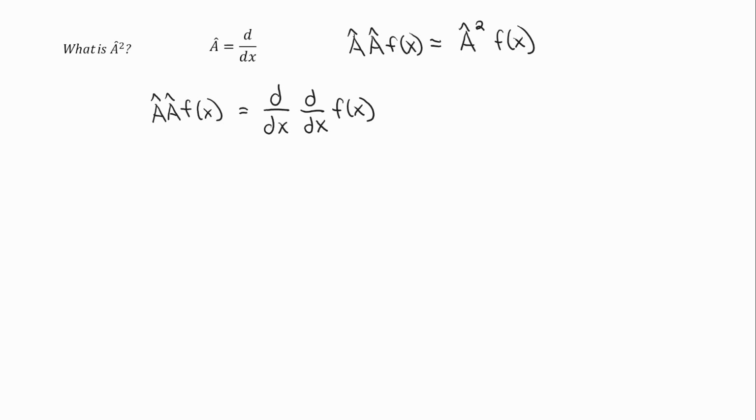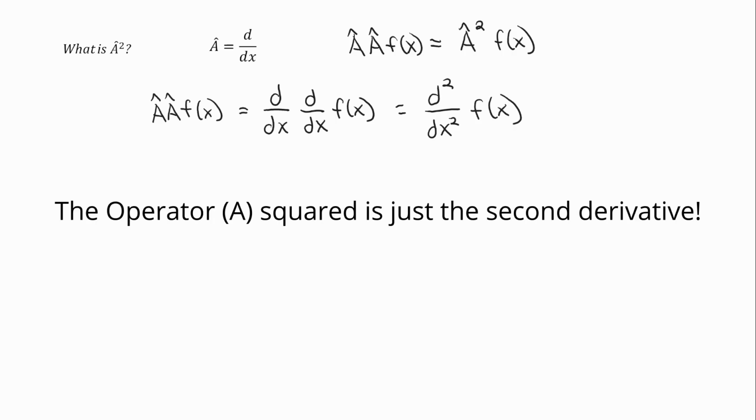And this is more commonly known as our second derivative. So d squared all over dx squared of our function f of x. Very simple, very easy, but when we add more terms into our operators, this can become a little bit more complex.